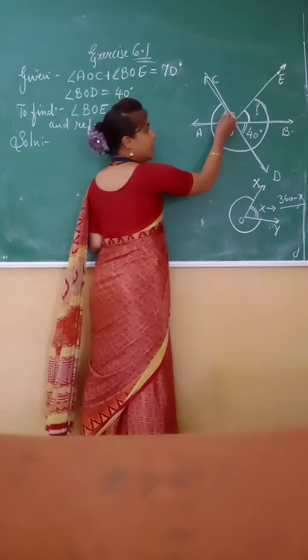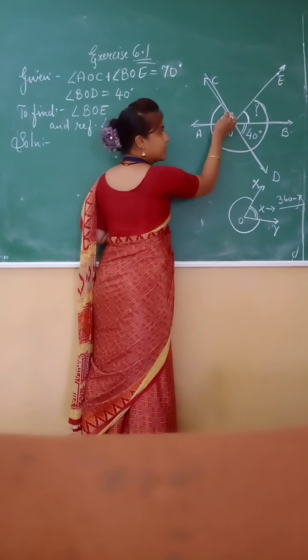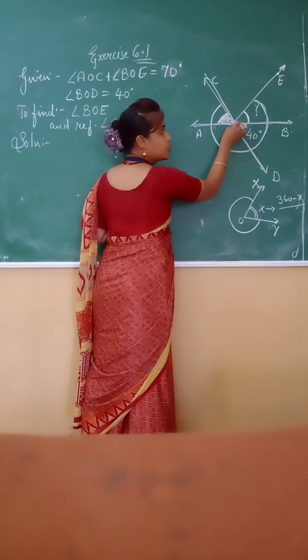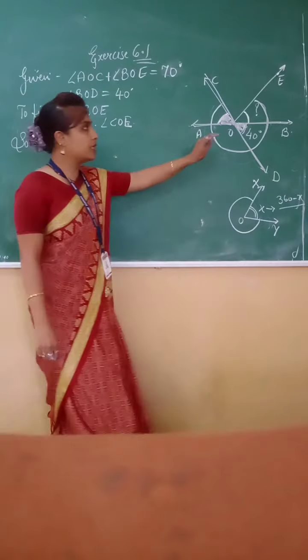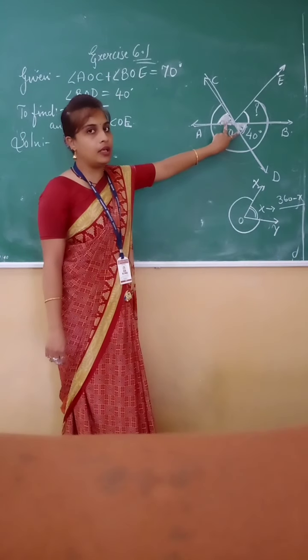Yes, here we are having that when these two lines intersect with each other, then these two angles are vertically opposite angles. दिख रहा है आपको जो हाइलाइटेड एंगल्स है, these are vertically opposite angles.